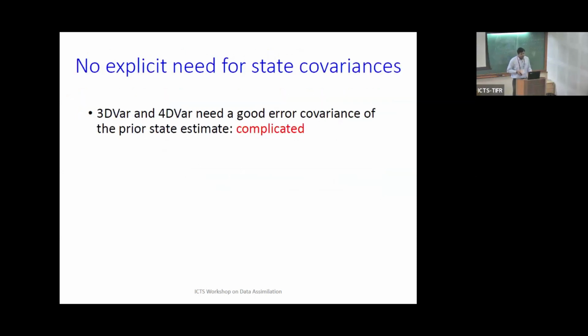So now we already discussed that we don't need the covariances here. This is a very complicated issue in variational theory, because we need covariance estimations. In the sequential method, the Kalman filter, we also need a covariance estimation.